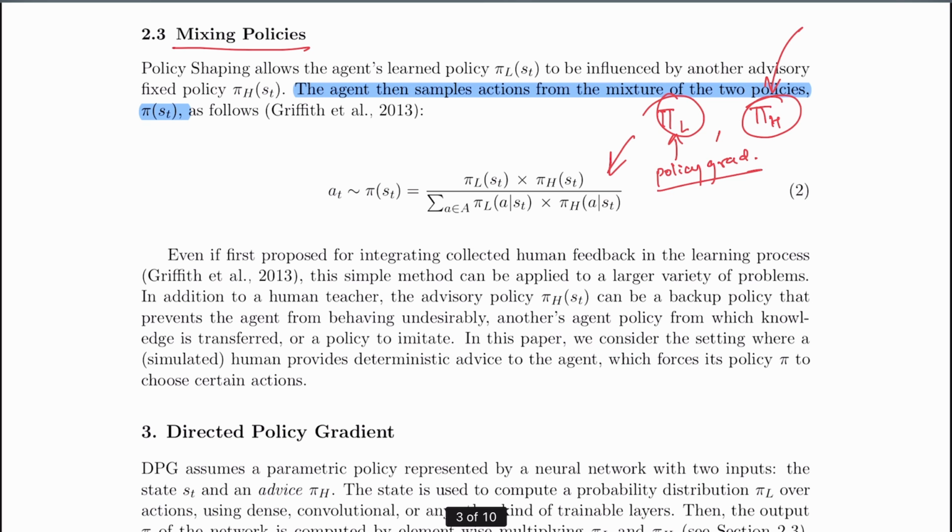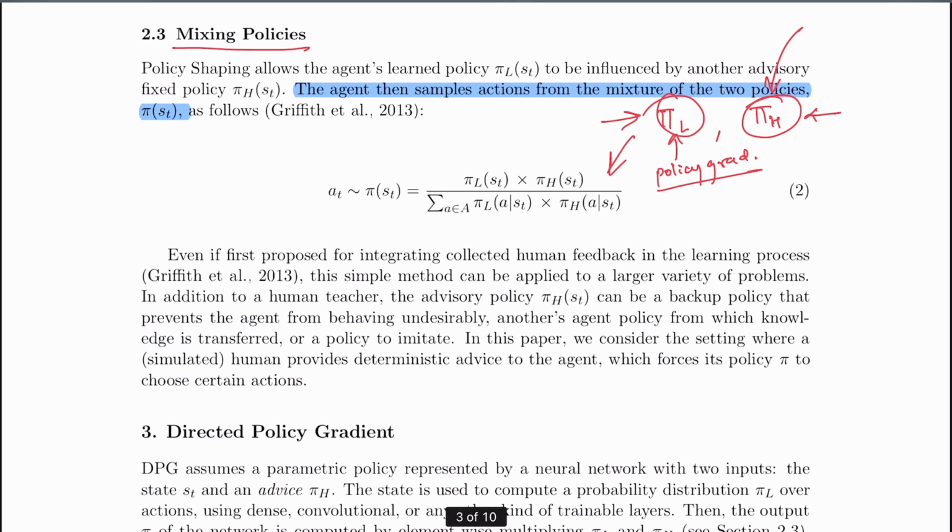Again, the requirements are that you have a pi L, which is the policy given by the policy gradient method, and you have access to pi H, which is the policy of the human, right? What they believe was supposed to be done.